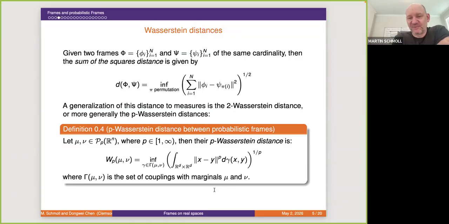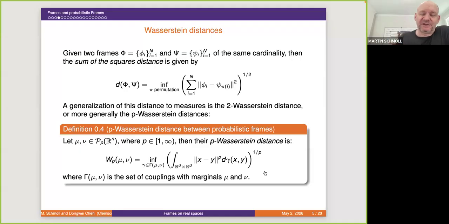Now this one is a little more involved to define, because you have to know what couplings of two measures are. Otherwise, you again take an integral with the right two vectors, take the difference to the power of p, but then you have this measure that lives on R2n, called gamma. This coupling has the property that the marginals are mu and nu, so that connects it to the two measures you want to compare.